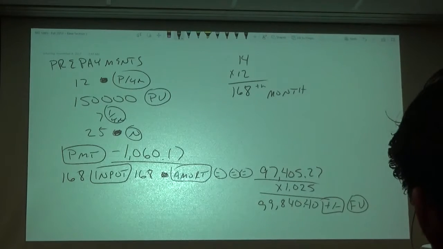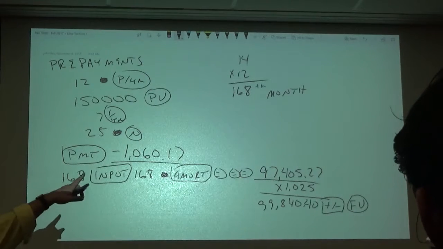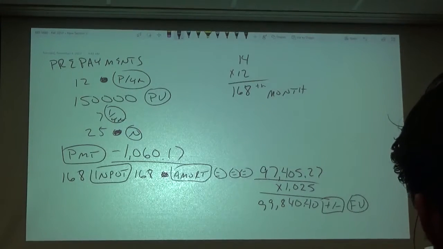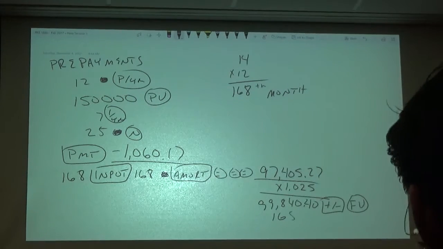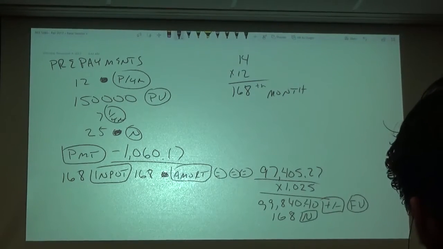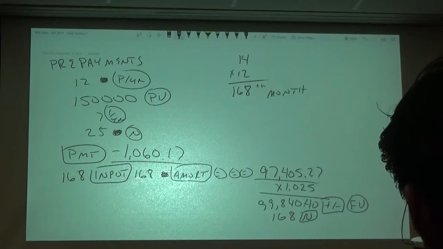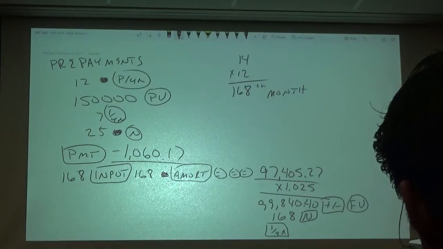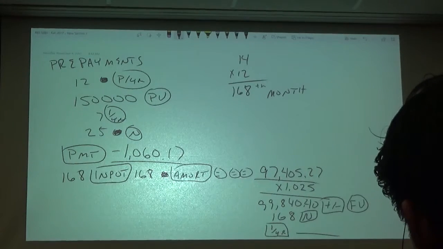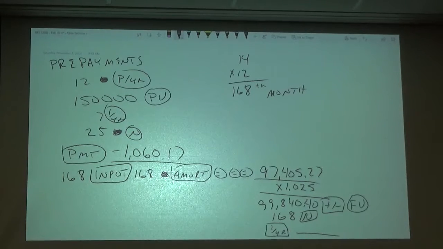Okay, and then our term has to be adjusted to 168, so we can simply put in 168 as our N, or our term, and then now simply solve for what? Interest rate. Good. Those are definitely catching on.